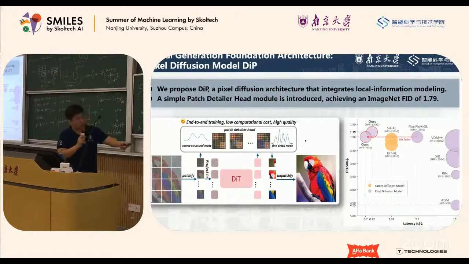And the right part is the efficiency and quality plot. It positions DIP as achieving a favorable trade-off among FID, the metric, and the latency and the model scale.